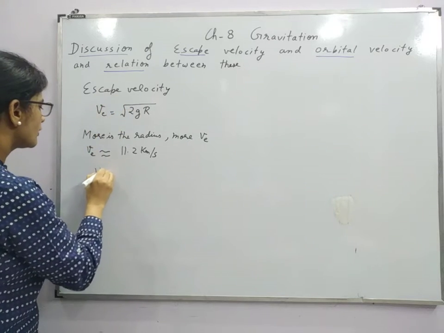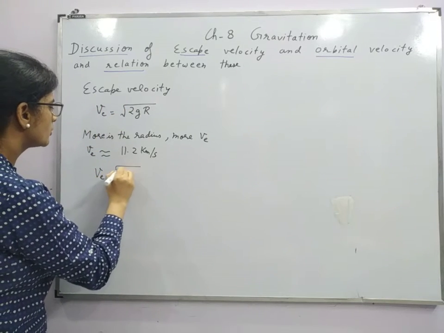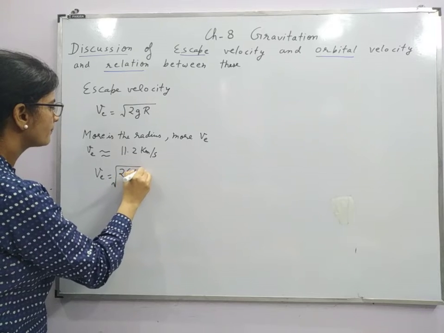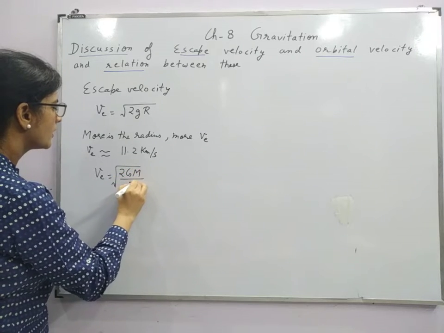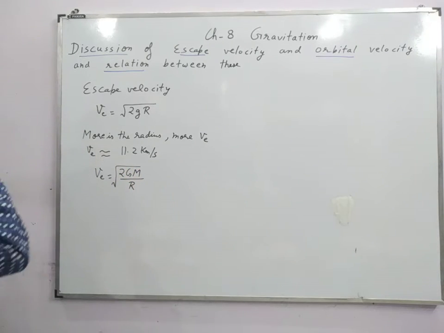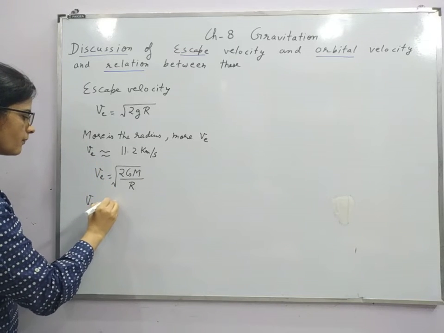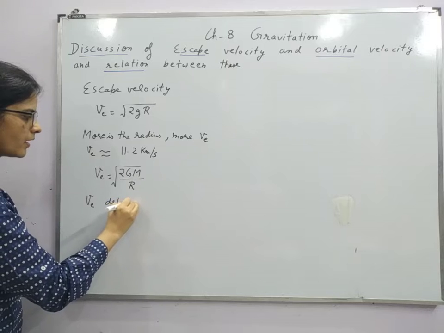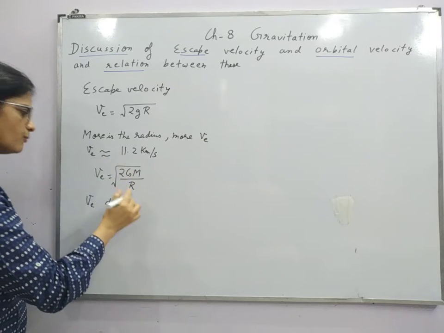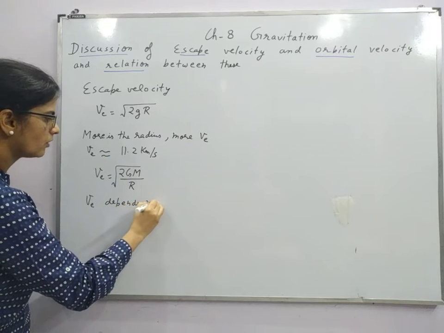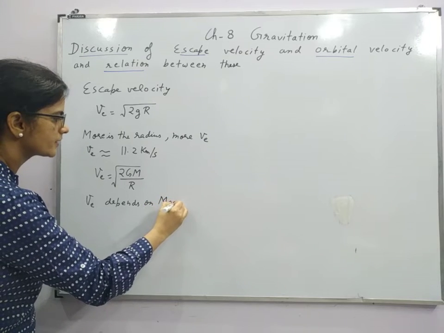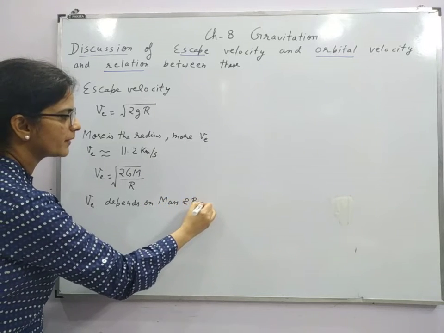The other form was VE is equal to under root 2GM upon r. So this shows that this depends on the mass of the planet and radius both. On mass and radius of the planet.